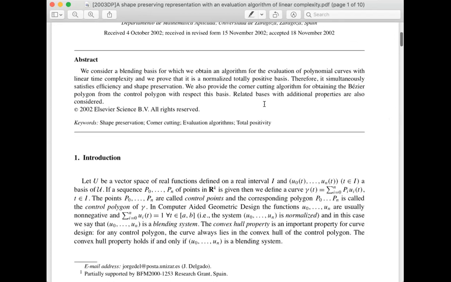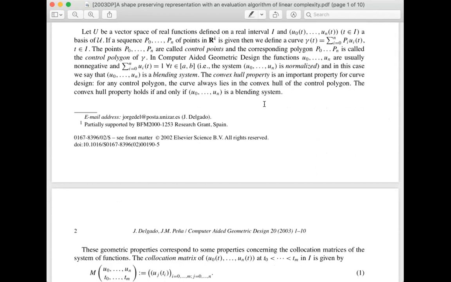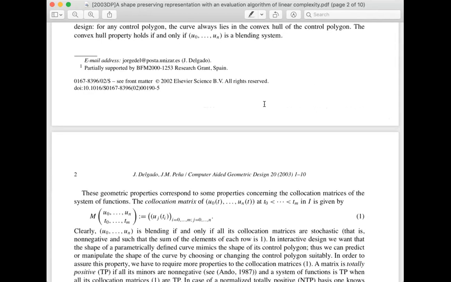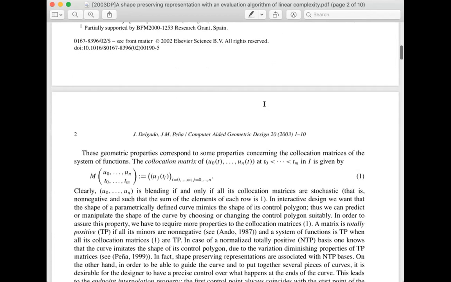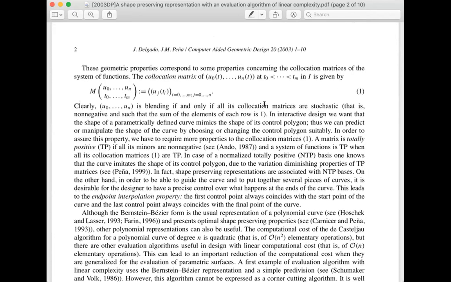And then you can see this paper from the introduction, because they want to show that the NTP, because in the past, when Goodman and Said tried to claim that if a curve has the shape preserving property, the curve will have a normalized totally positive or NTP basis.